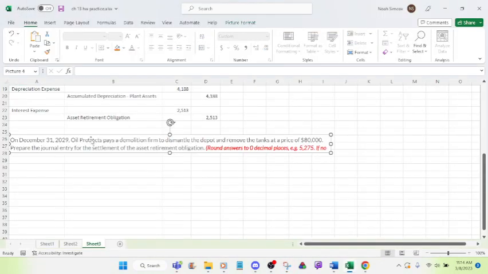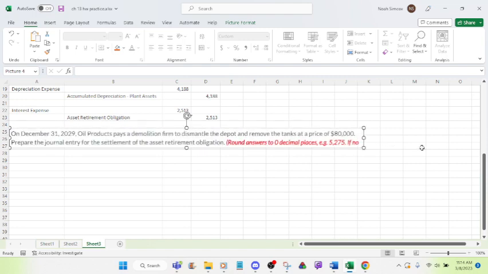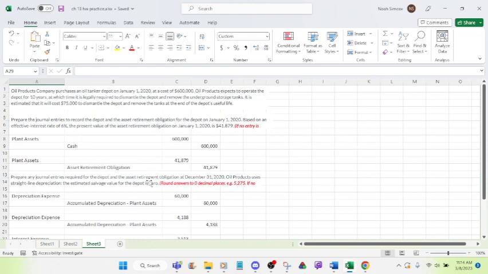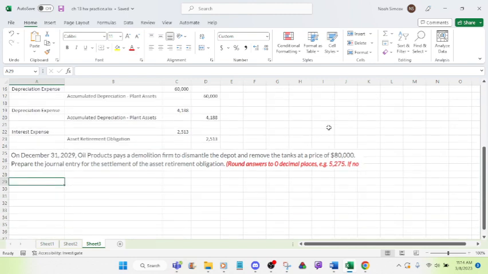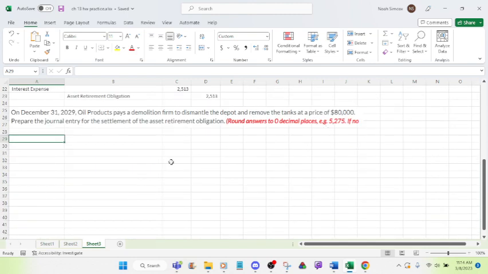Part C is, that's not even necessary. Now what? Pays a demolition firm. So, gosh dang it, everything.